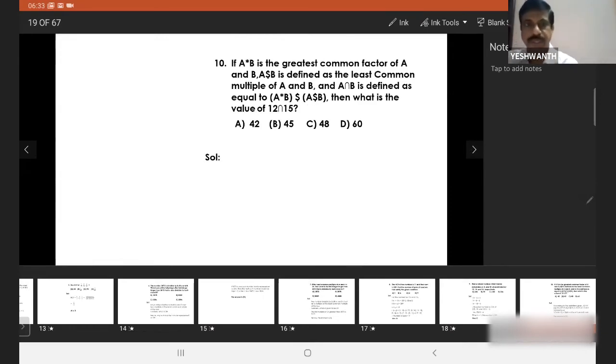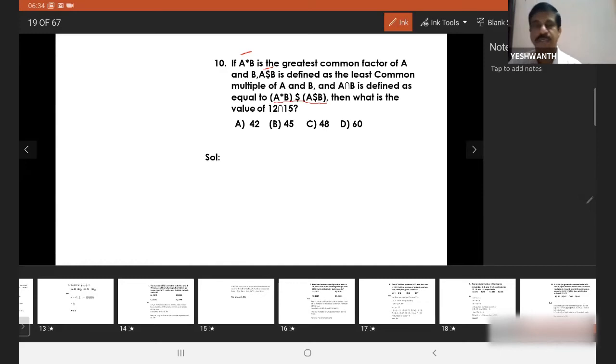If A into B is the greatest common factor of A and B, so these symbols, you need to remember these symbols, okay, is the greatest common factor of A and B, and if this is the symbol, it is the least common multiple of A and B, and A in section B is defined as equal to this, what is given here.